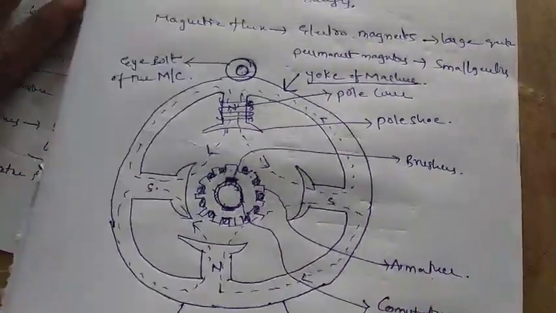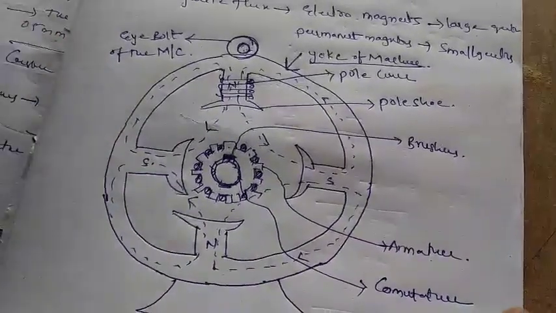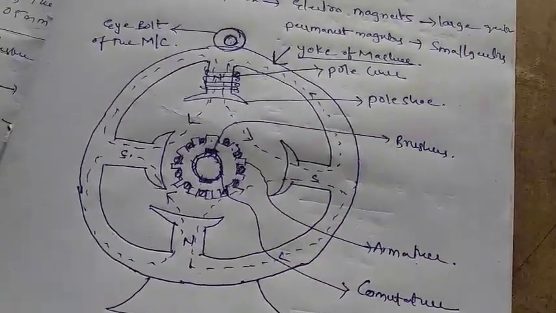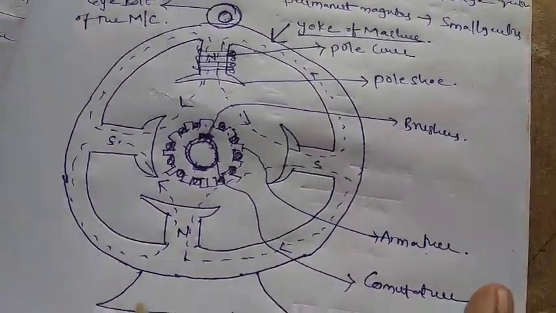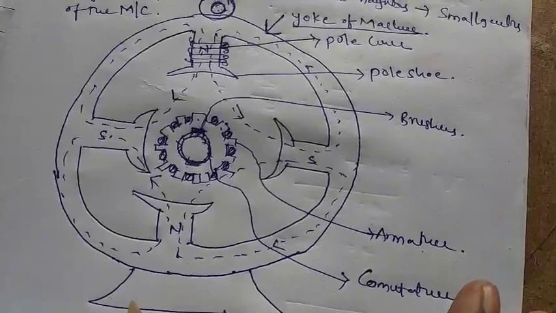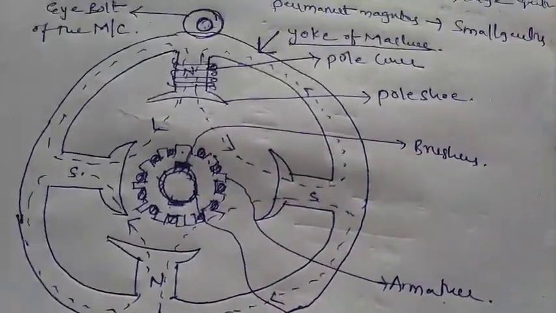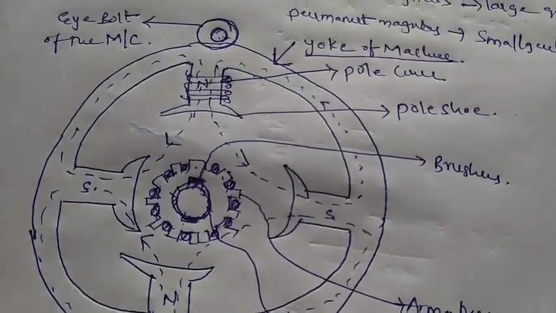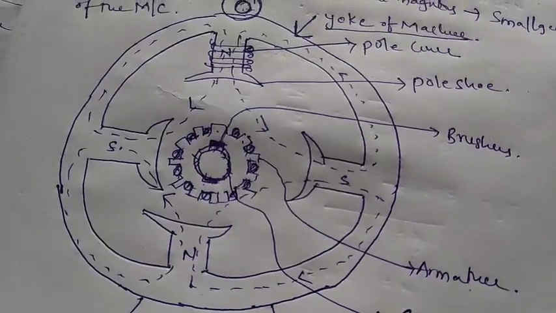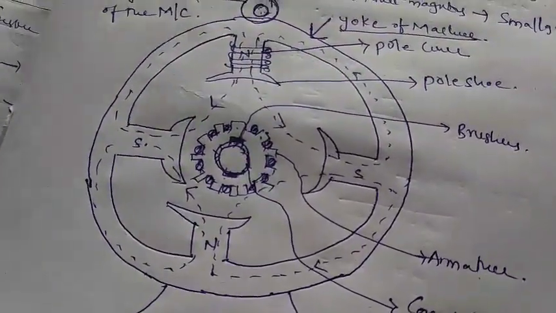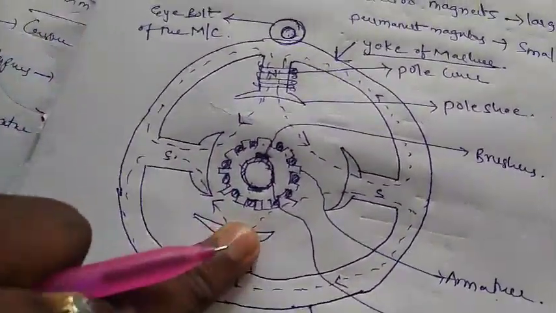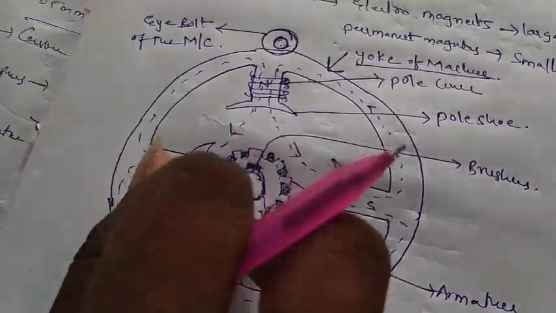These are the main important things about DC generators. There is no fundamental difference between a DC generator and a motor from the construction point of view. The difference is only in the working principle. If you give electrical energy as input, we get mechanical energy, and that is motor action.